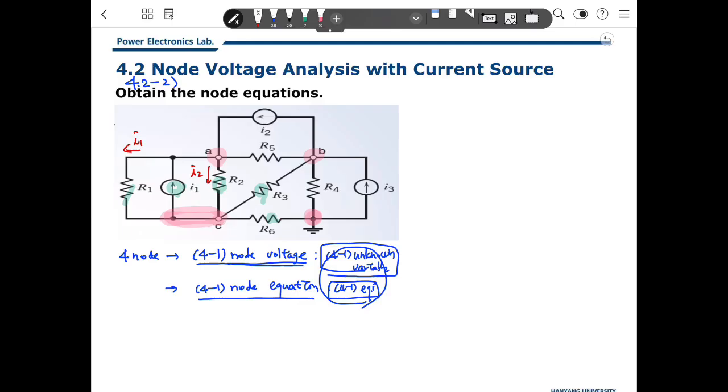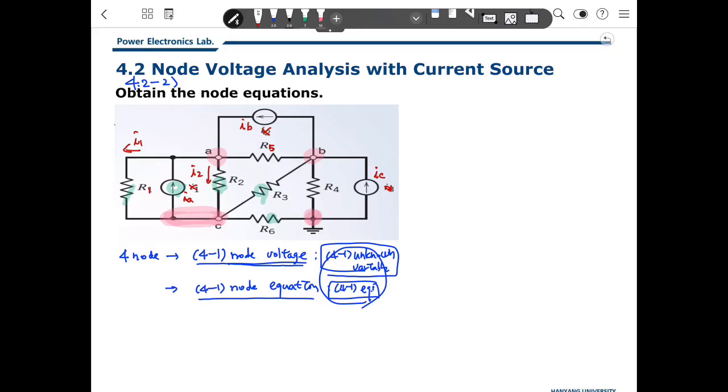Oh, excuse me, there's some problem. I will change. That is not I1. This is IA. And this is not I2, this is IB. And this is not I3, this is IC. Because we'll be confused, since I will use the same numbers for R1 and so on.